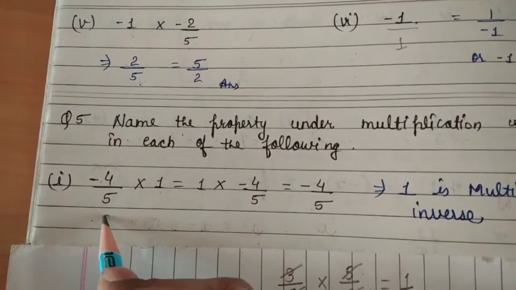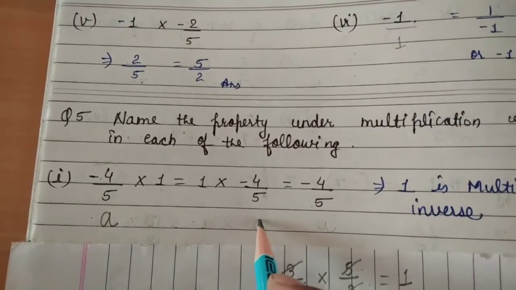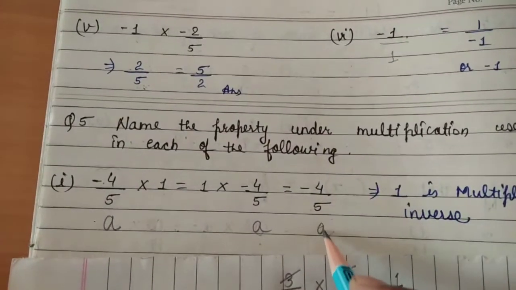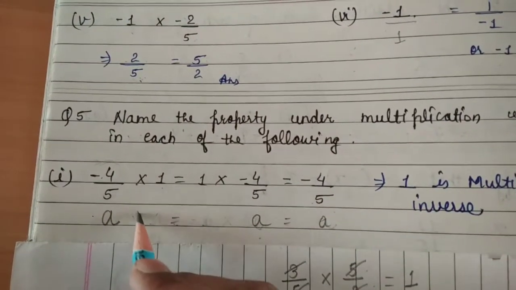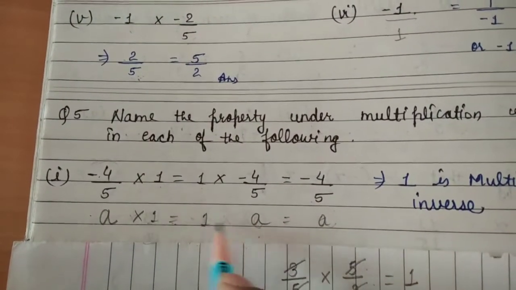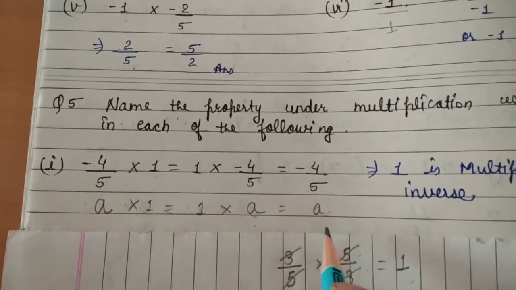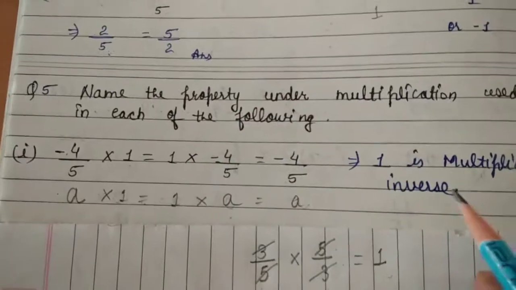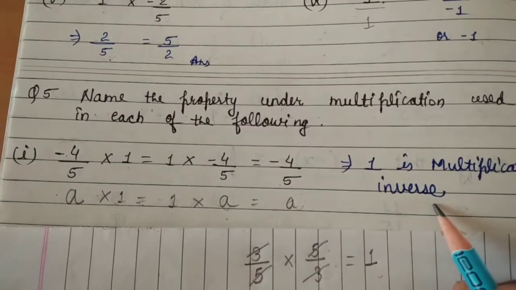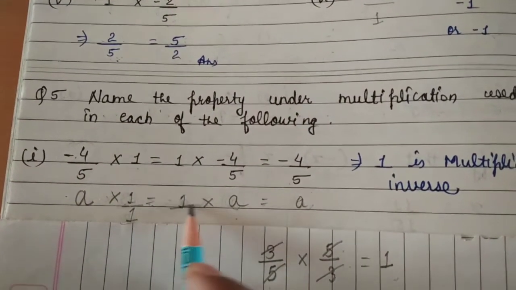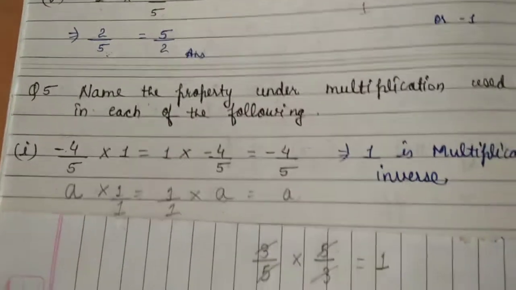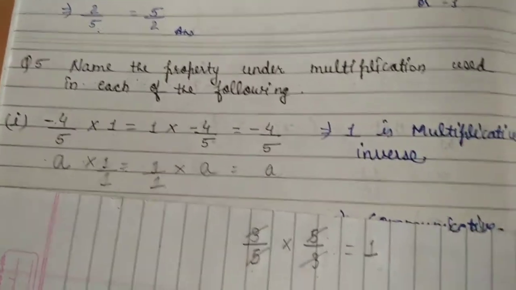So if we take minus 4 upon 5 as A everywhere, you can simply see the number is multiplied by 1 and the answer remains the same. That's why its name is 1 is the multiplicative identity, because when we multiply by 1, we get only the same number.